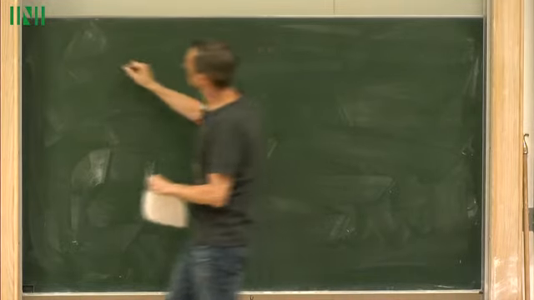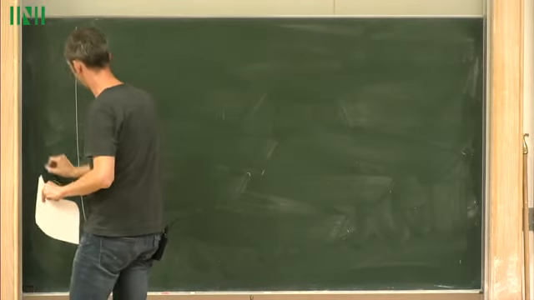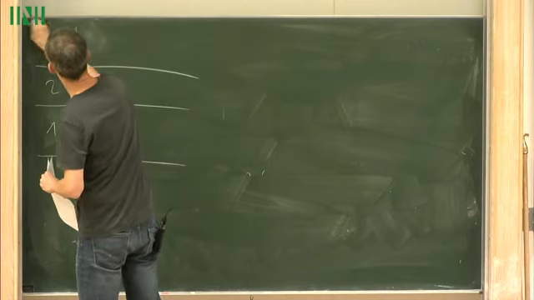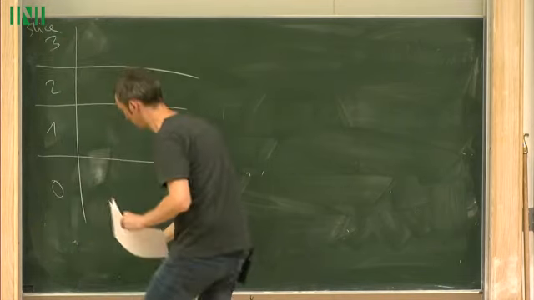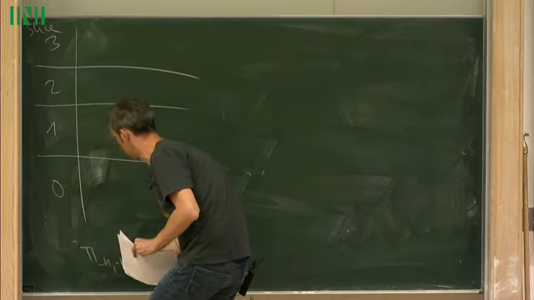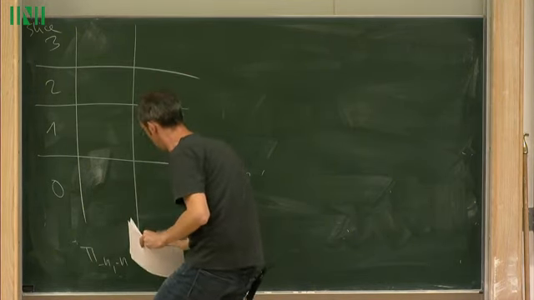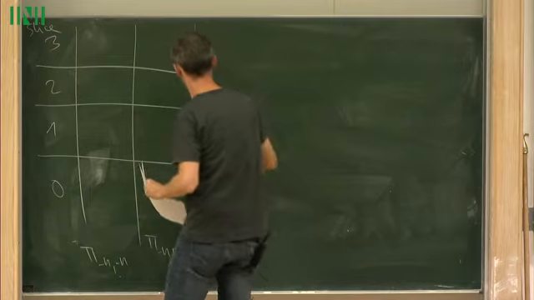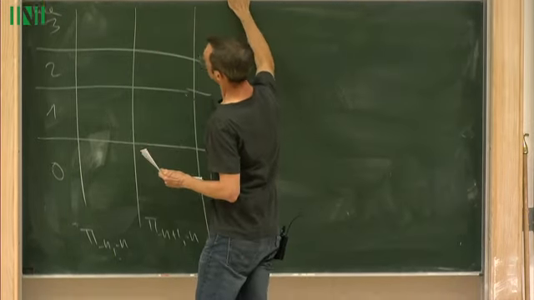So we only have slices in non-negative degrees. So this is the slice, and here we have pi minus n and pi minus n plus 1 minus n, and so on.